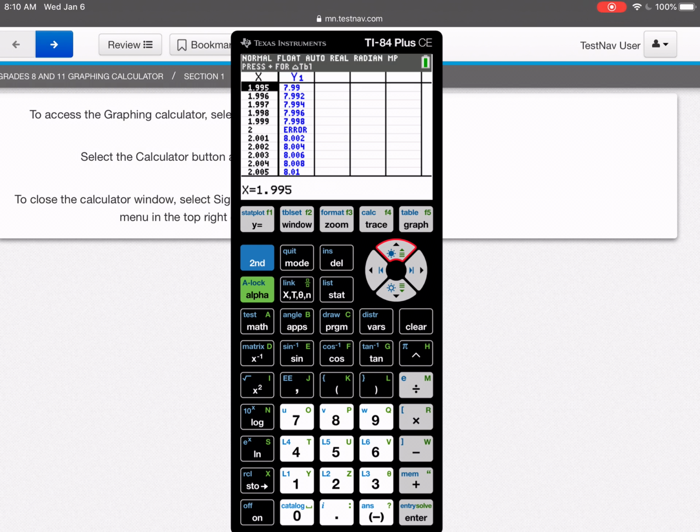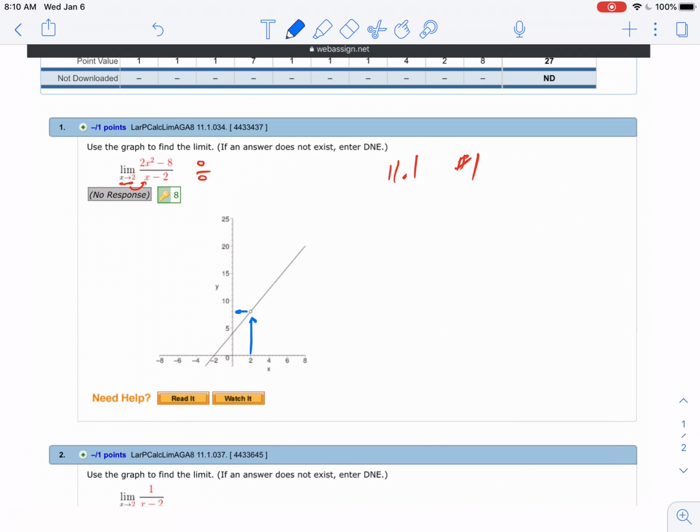On the other side, it starts at the very bottom at 8.01, but then as you get closer to 2, you'll notice the number has dropped down to 8.002. So on either side, those numbers are getting very close to 8. So that's 2 different methods for finding the limit of this problem.